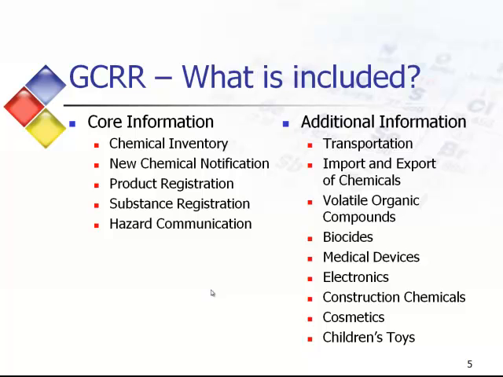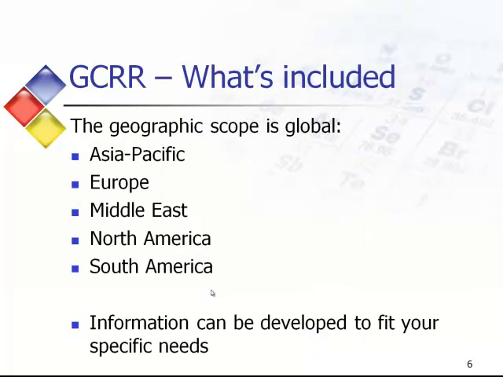These items would include chemical inventory requirements, new chemical notification requirements, product and substance registration requirements, and HAZCOM requirements. Now, in those cases where we have additional information to share, we are going to share them in the report. But you should look at that as supplementary information and not part of the core deliverable.